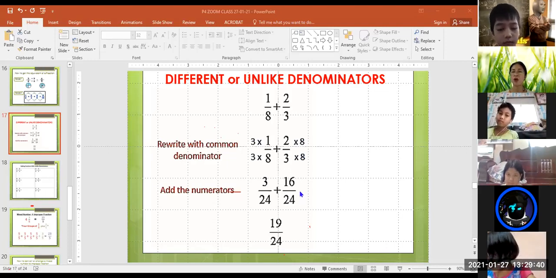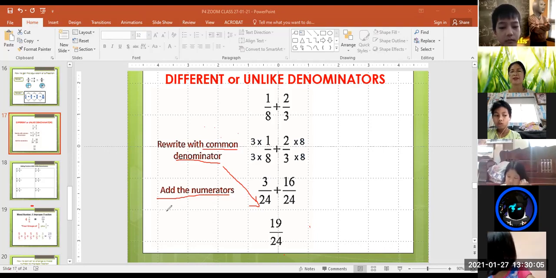Now you have a common denominator. This is what you say, common denominator. That is your common denominator. Okay, now the next step is that you're going to add the numerators and then just copy the denominator.